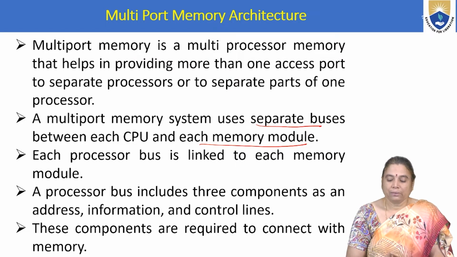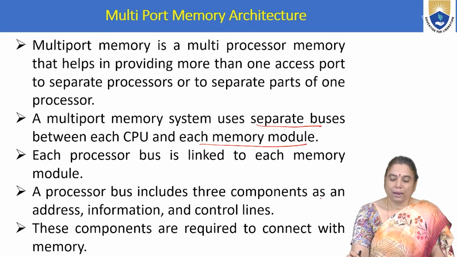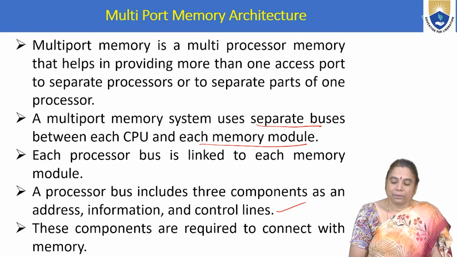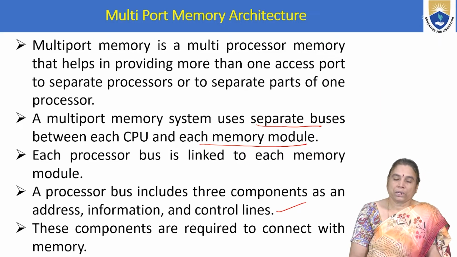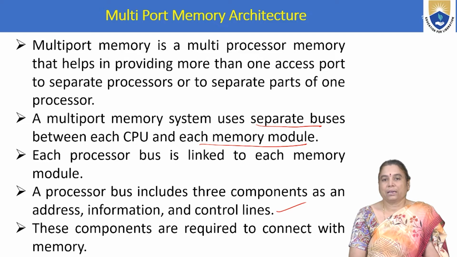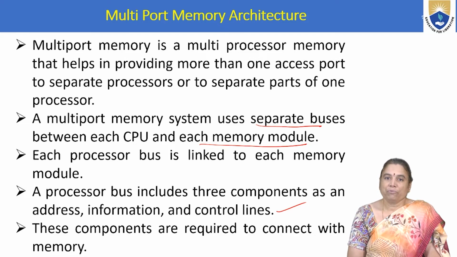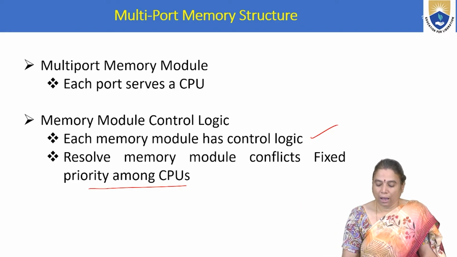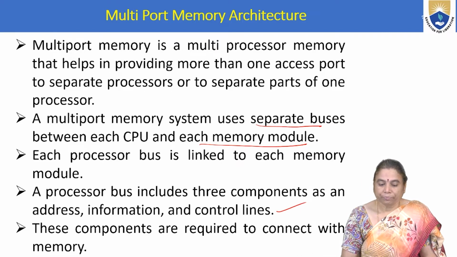A processor bus includes three components: address, information and control lines. For communication, the address is required to indicate at which location of the memory module the information is to be transferred, what information is to be transferred, and whether it is a read operation or a write operation.